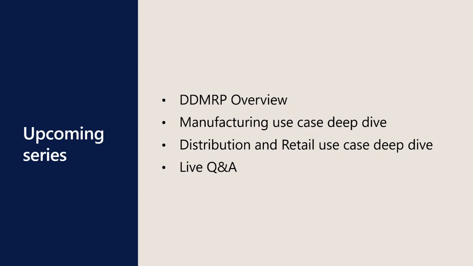But we do plan to add additional sessions upcoming to talk about specific use cases in manufacturing, distribution, and retail for DDMRP, as well as, if there is interest, a live Q&A session where we just spend an hour answering any questions that you may have on DDMRP. So please do let us know in the chat or in the survey what sessions would be useful to understand more about this functionality and whether you would be interested in a live Q&A on this new functionality.